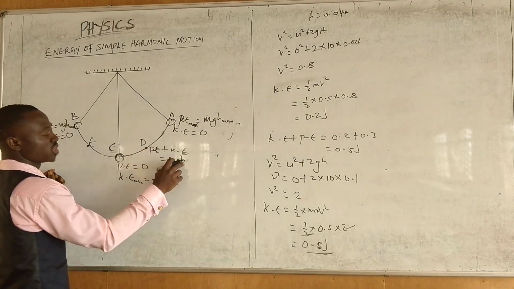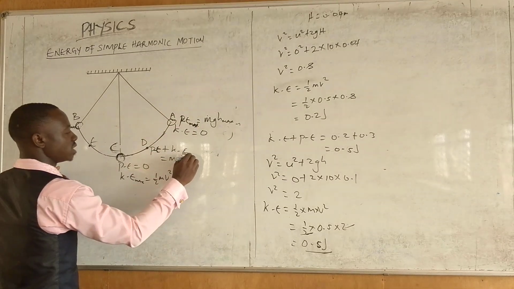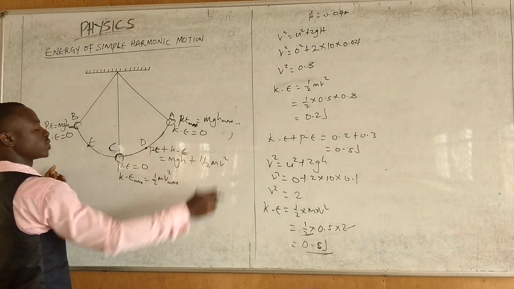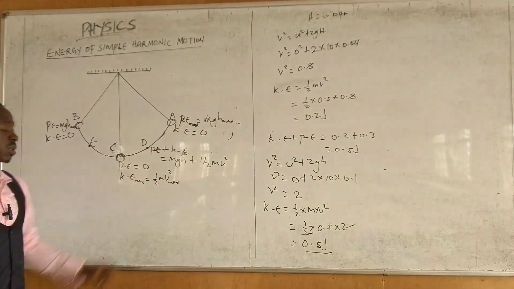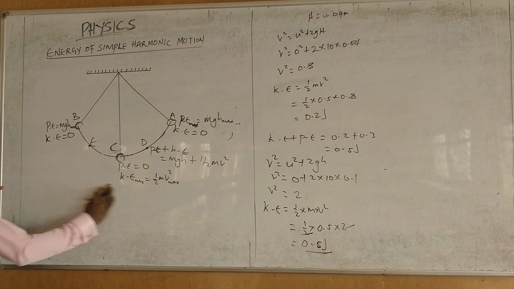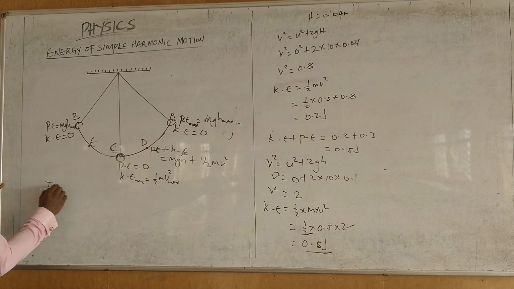Don't forget that this h is smaller than the maximum height. Then plus half mv square. Don't forget also that this v is smaller than the maximum velocity. So that according to the principle of conservation of energy, total energy is constant.